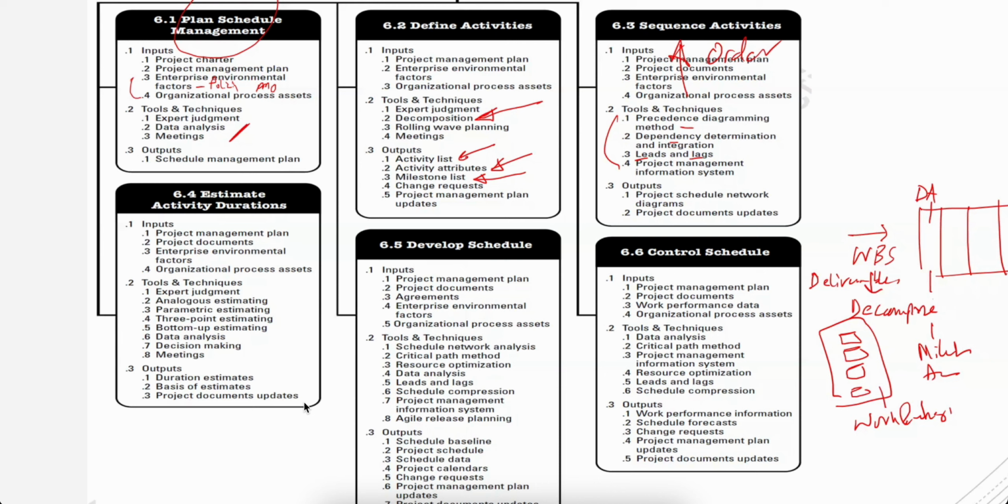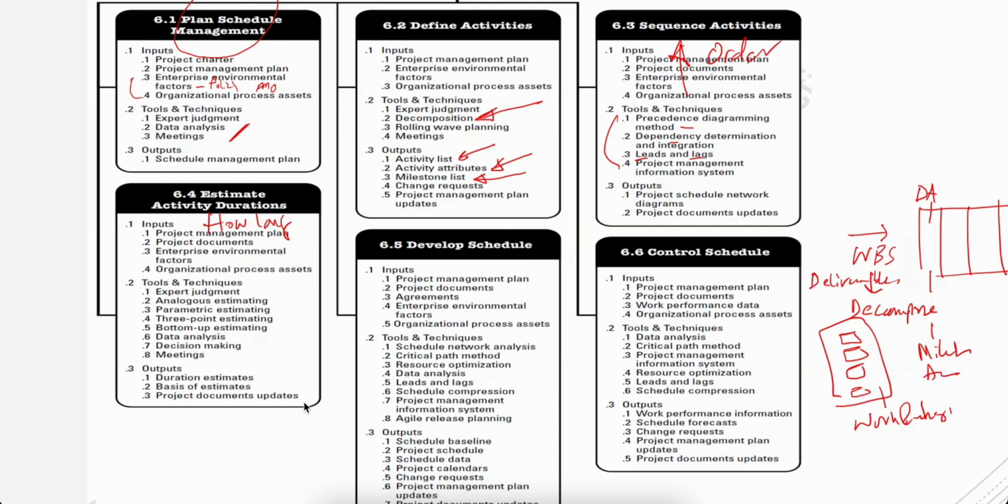Okay? The next step is how long. This is the how long step, or activity duration. First step, WBS. Second step, decompose. Third step, sequence. When you decompose, you get activity list and milestone list. You decompose WBS, get your activity list and milestone list, then you sequence it.